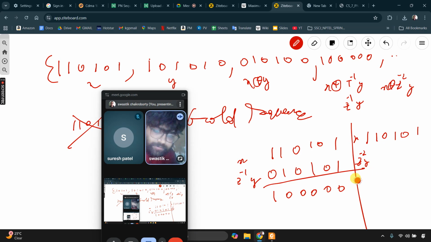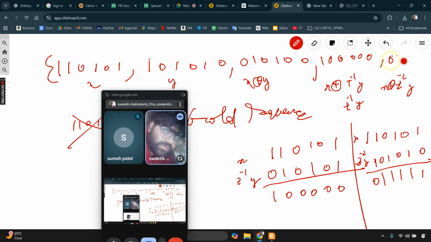Instead of shifting this by 2, what I will do is shift this by 1, same thing. If I shift this by 1, the rightmost one will come here, then you shift all the bits 1 bit right, 101010. So 1 XOR 0 is 1, 0 XOR 1 is 1, 1 XOR 0 is 1, 0 XOR 1 is 1, 1 XOR 0 is 1, and 1 XOR 1 is 0.